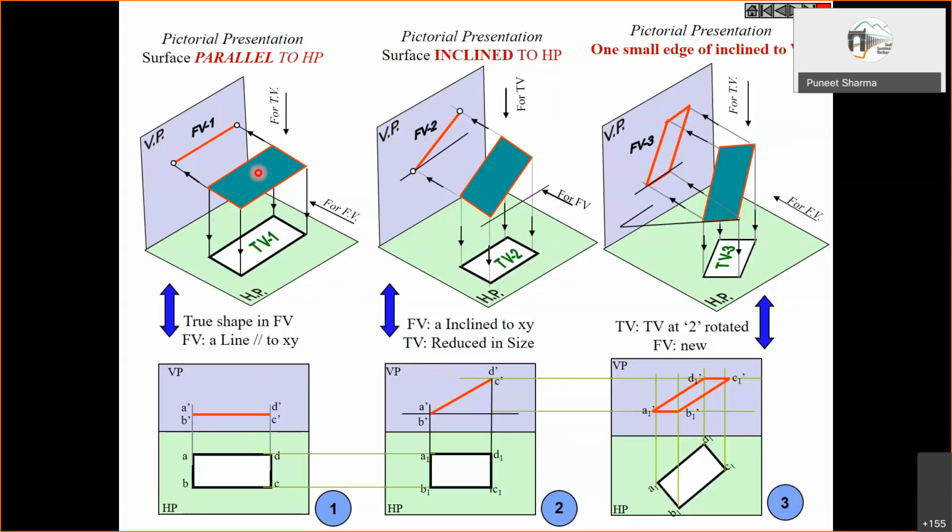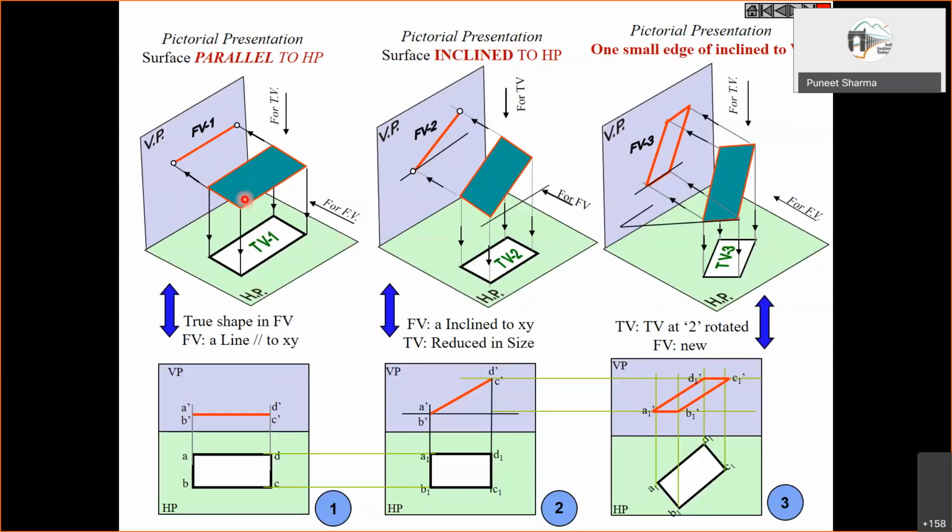This plane figure is parallel to the horizontal plane. In the final figure, this plane figure is to be inclined with the horizontal plane, but in the first one we have kept it parallel to the horizontal plane.